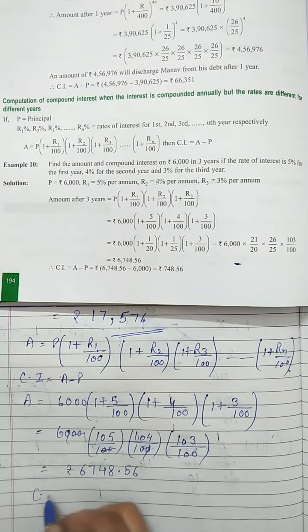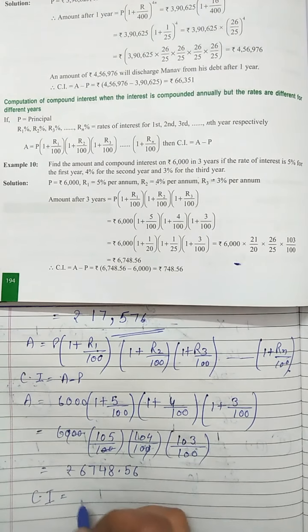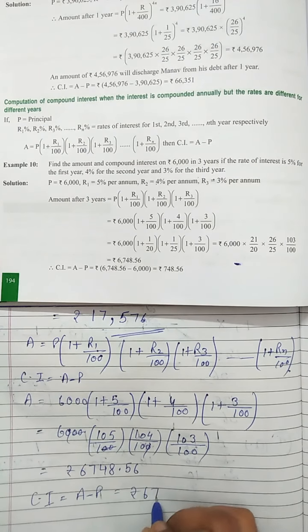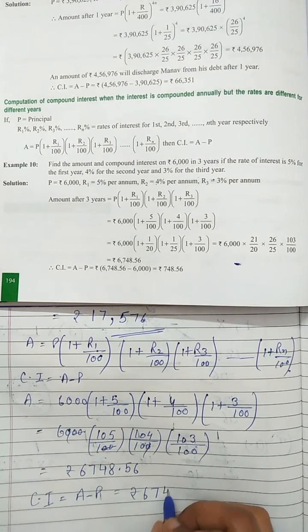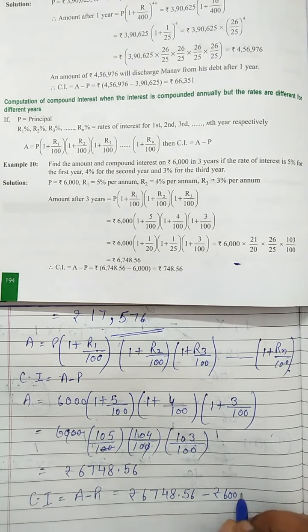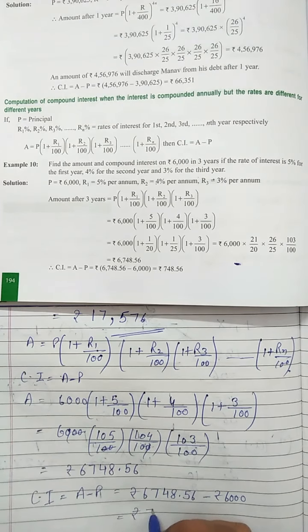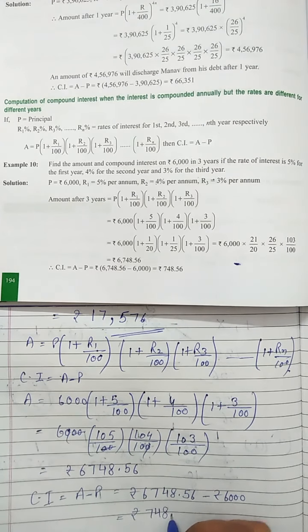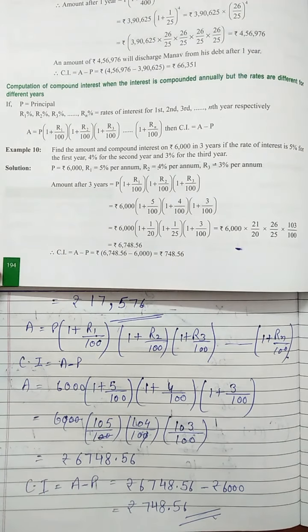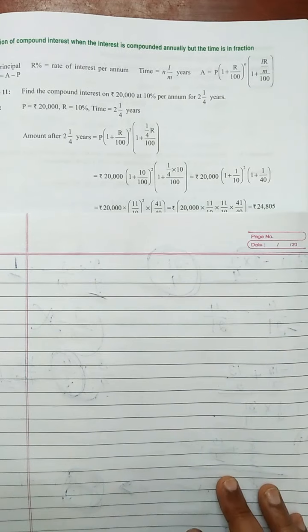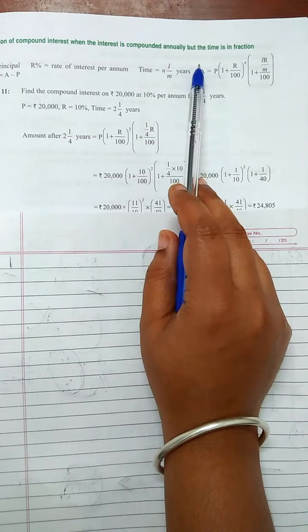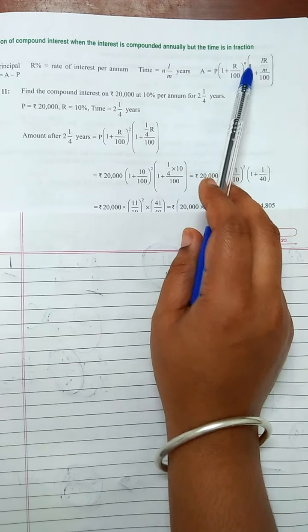And if we want to calculate compound interest, then we simply subtract principal from amount: 6,748.56 minus the principal rupees 6,000. So the answer is rupees 748.56. Okay, clear?